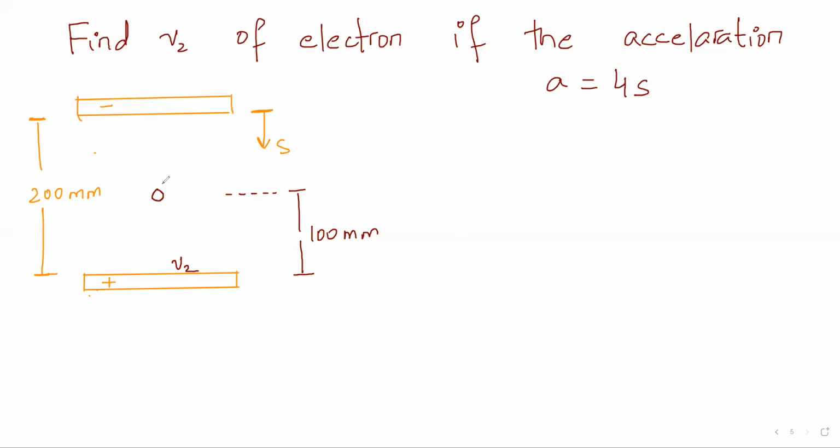If you hold the stopwatch, you can say that the position right now is 100 millimeter, and since you have the stopwatch, T1 is 0. So you have to find the velocity just as it arrives at the positive plate.